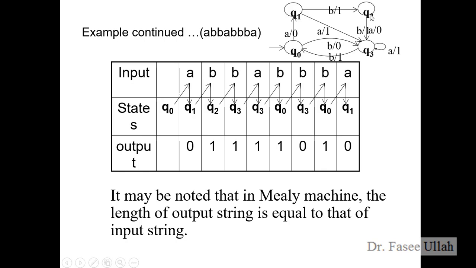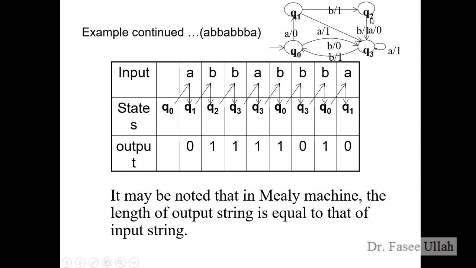We have to see where B lies. B lies between Q1 and Q2, giving the output 1, right? So I put B, and then I reach Q2, and the value returned is 1.